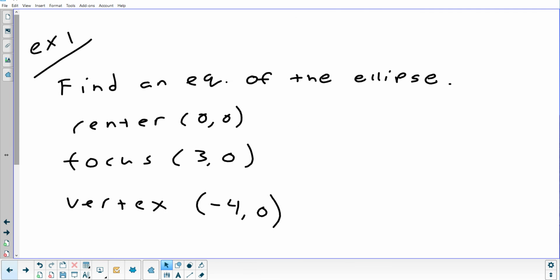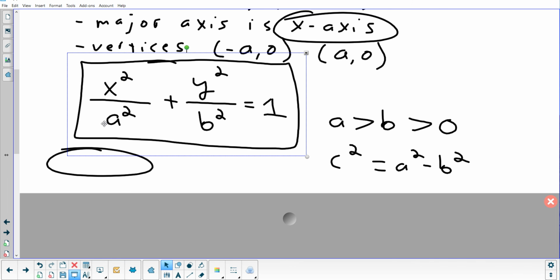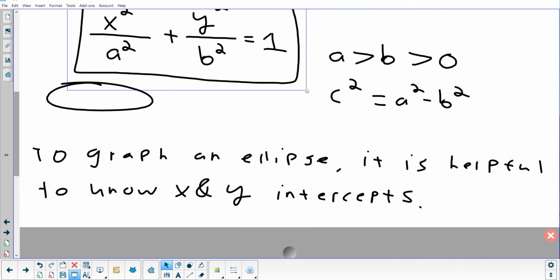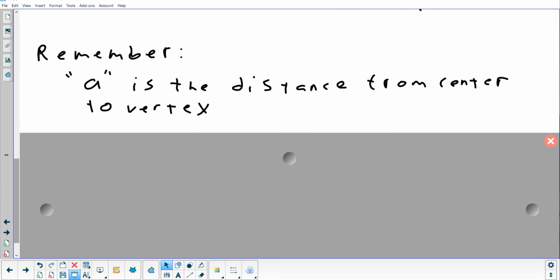If you put the bigger number under x, that causes the ellipse to go in the x direction. So where you put the bigger number controls the direction of the ellipse. It's either going to be under x or it's going to be under y.